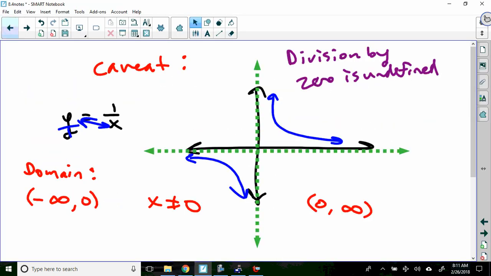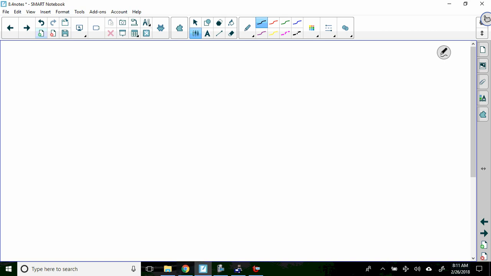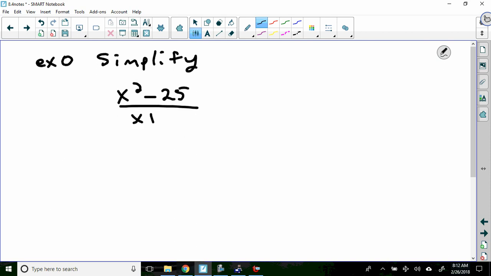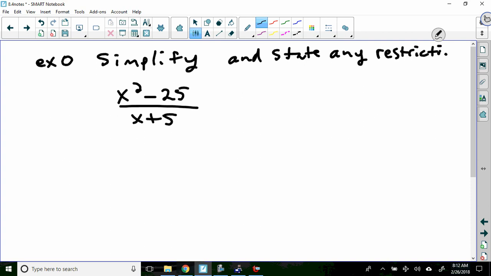But anyway, that's the one caveat. The caveat to look for is that division by 0 is undefined. So at some point, they're going to give you something like this. And here's a real easy example. Example 0, simplify x squared minus 25 divided by x plus 5. But they're not only going to say simplify, they're going to say simplify and state any restrictions.